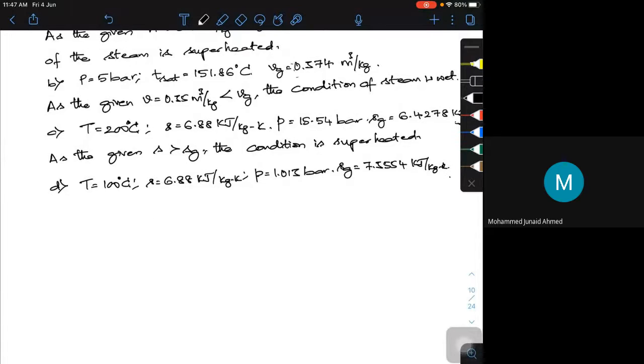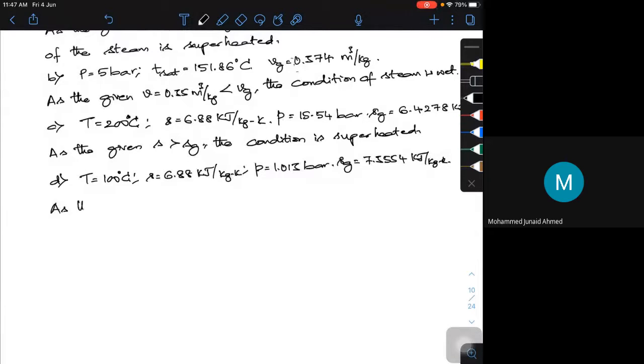As the given S is less than your Sg, the condition of the steam is wet. Are you getting it? Simple. The entropy value is less than your Sg.